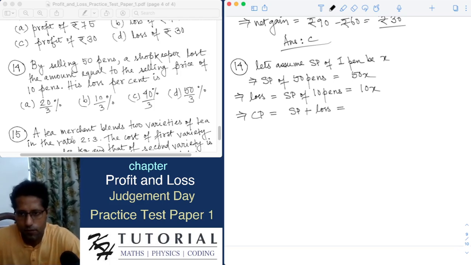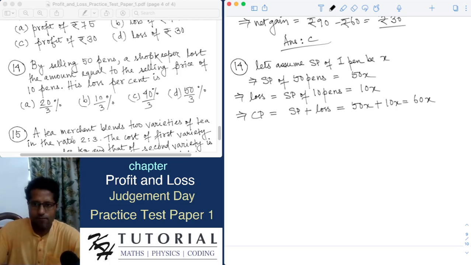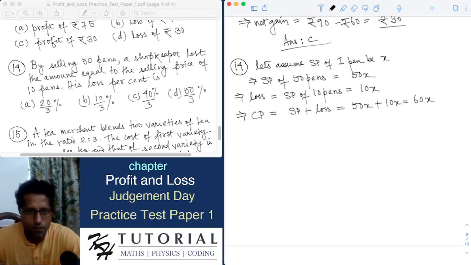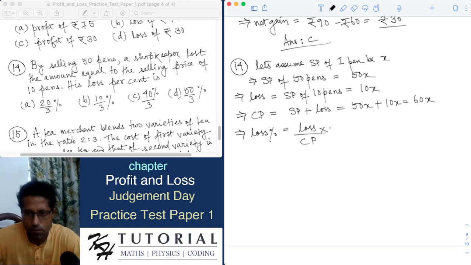This equals 50x plus 10x, which equals 60x. So we have the loss, we have the CP, and we are asked to find the loss percent. Loss percent is equal to loss divided by CP into 100%.